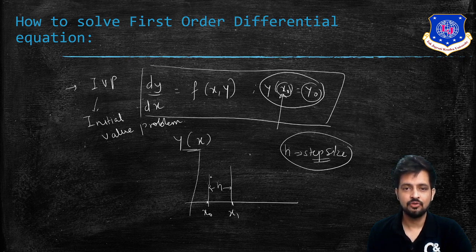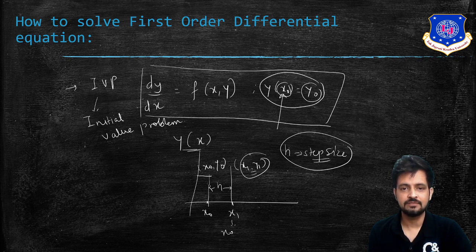First of all, we have to see what will be given. X0, Y0 will be given, and on the basis of X0, Y0 we have to find X1, Y1. By taking difference of h, x1 can be found. X1 is equal to x0 plus h, and if I want to find the value of y, then I have to apply the different methods.